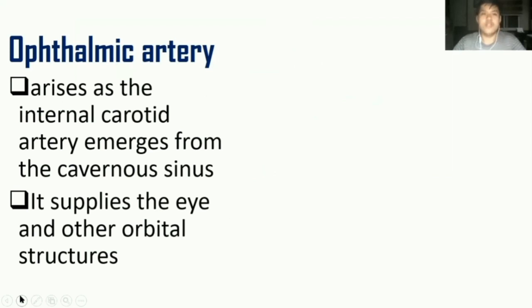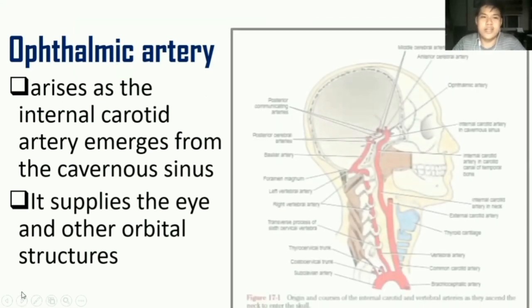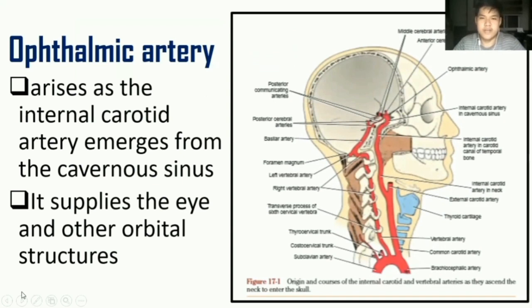So let's start with the ophthalmic artery. This artery arises as the internal carotid artery emerges from the cavernous sinus and supplies the eye and other orbital structures. Its terminal branches supply frontal areas of the scalp, the ethmoid and frontal sinuses, and the dorsum of the nose.